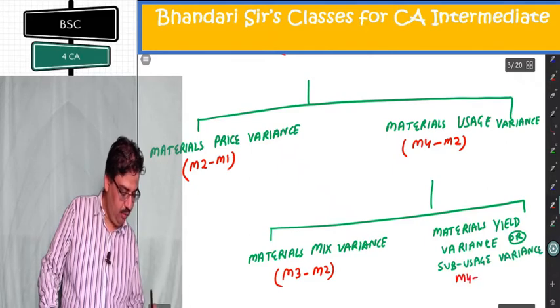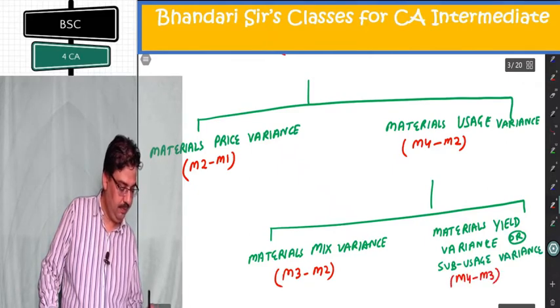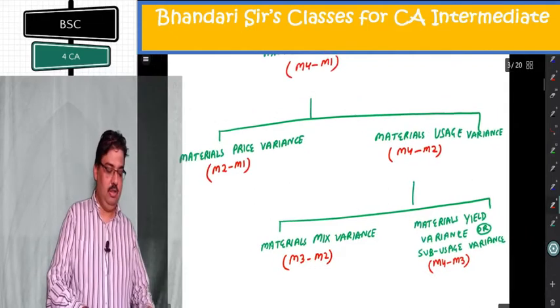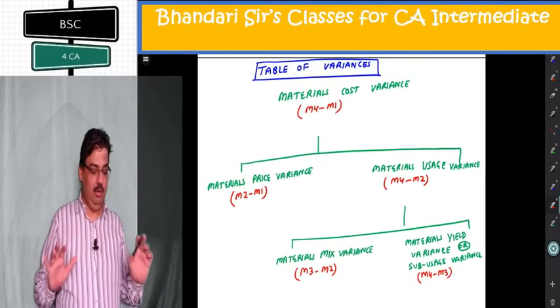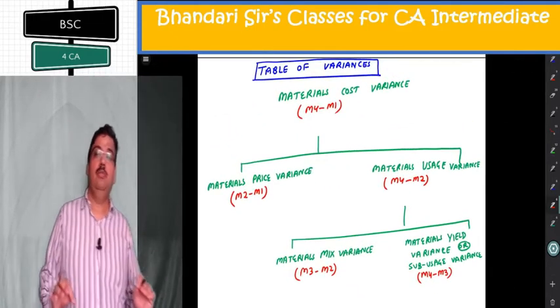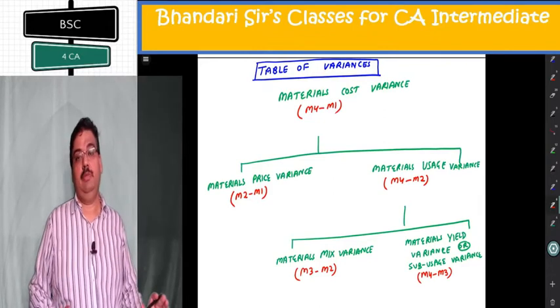This is M4 minus M3. This is the variance table that you need to remember forever in this material category of variances.